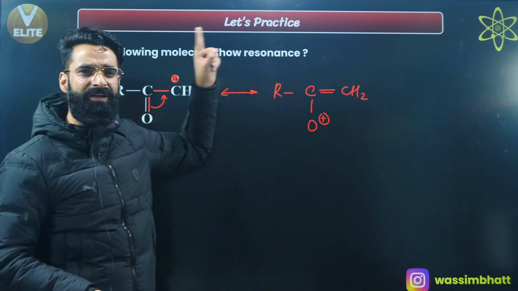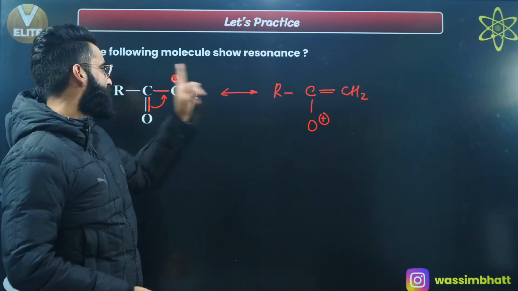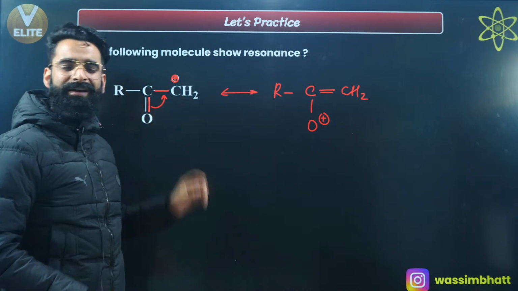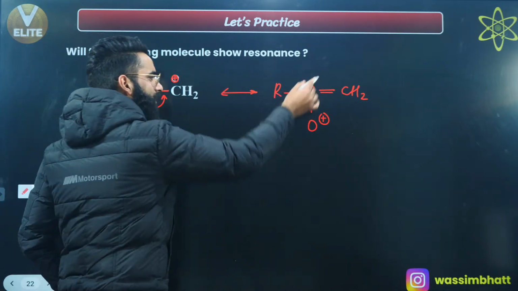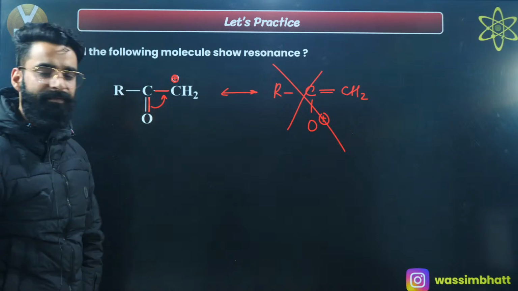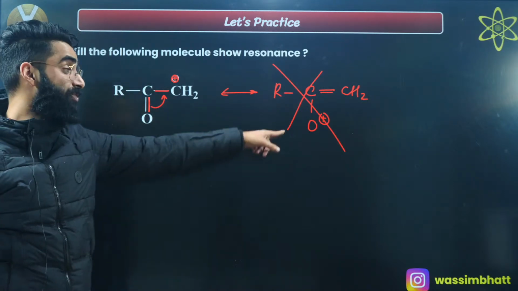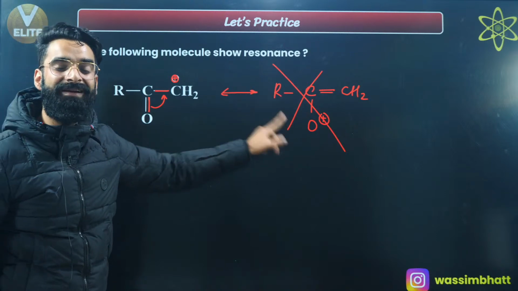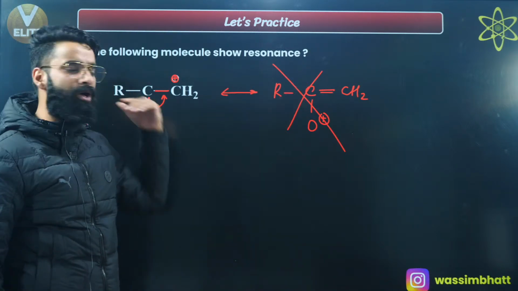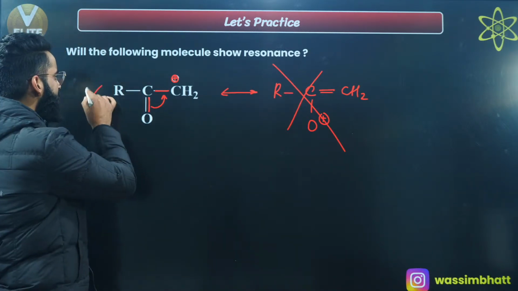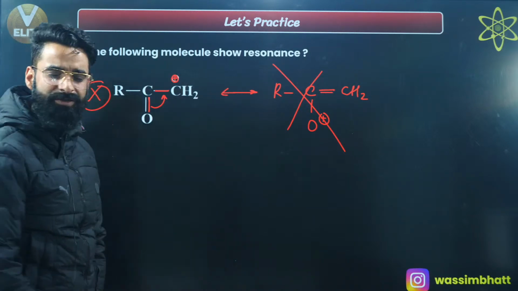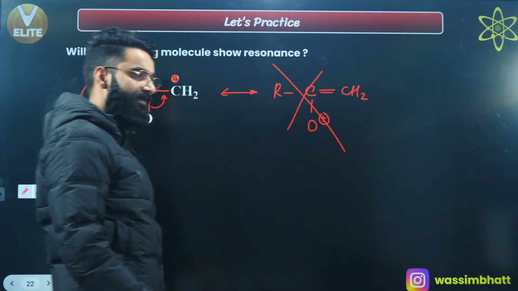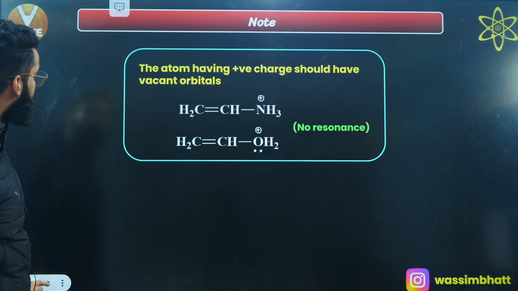This one will be having more energy than that of this one, right? So is this one going to be its resonating form? No way, because positive charge is coming on oxygen, which makes it highly unstable and increases its energy a lot, right? So if you cannot draw its canonical form, that means it's not going to show resonance, right? As simple as that.